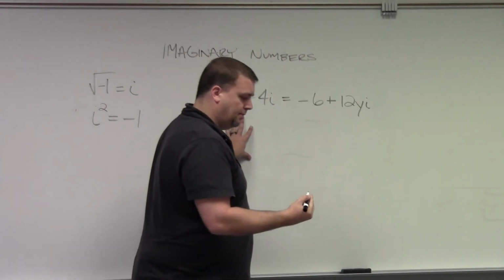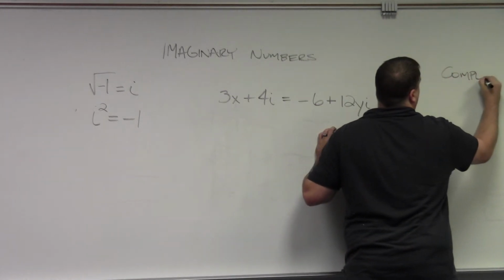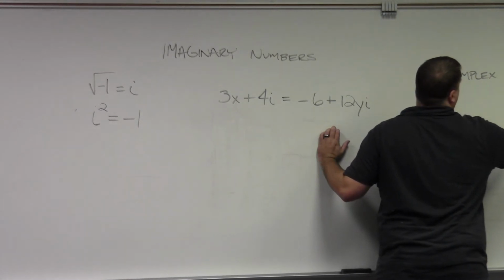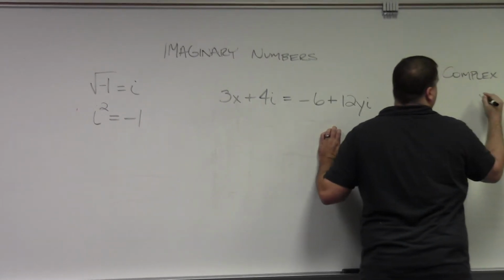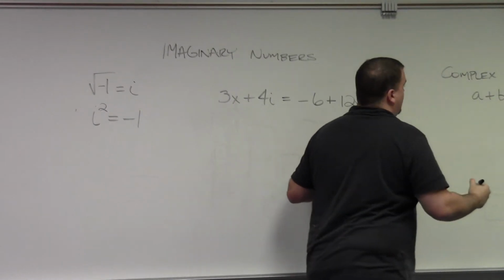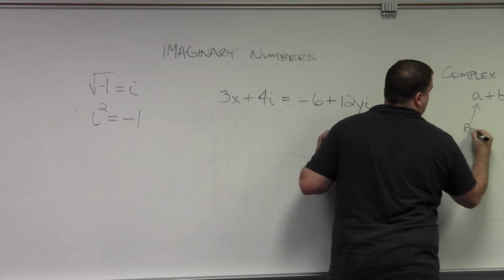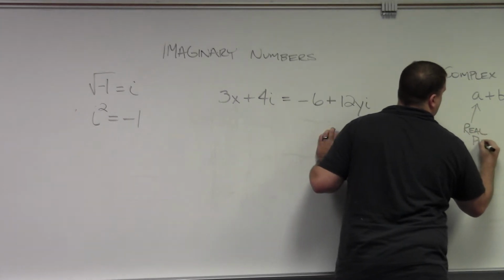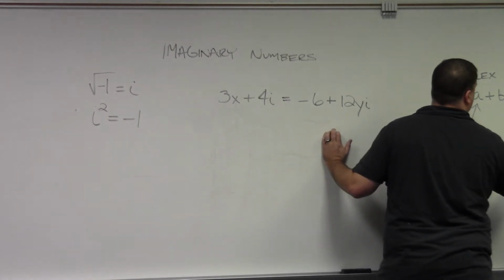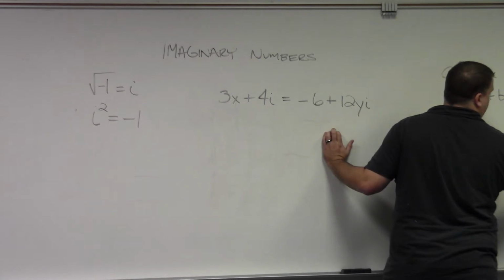So a complex number, and this is also defined on the back of that first page, is something that's written in this form. A complex number has a real part and it also has an imaginary part, the part that involves the i.